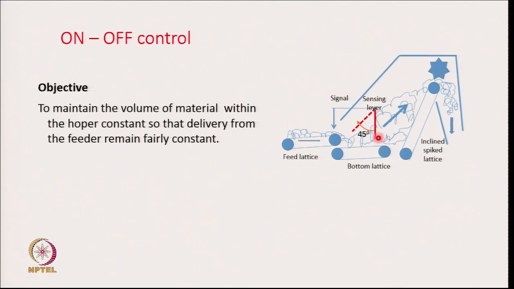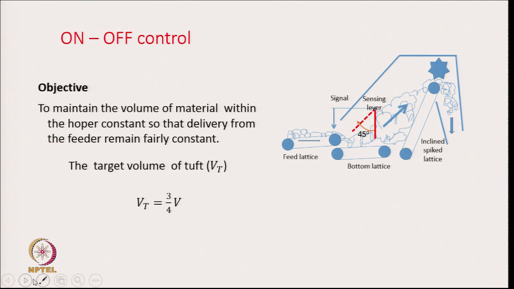The hopper in turn receives material from the feed lattice, where we are dumping material, and that is highly variable in nature. So, the idea is that through this system of control we have to make sure the delivery from the machine is fairly constant when the input to the machine is quite variable.